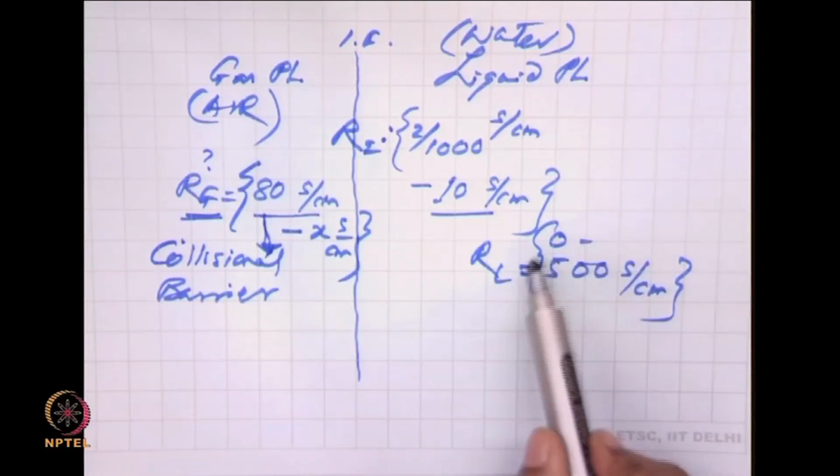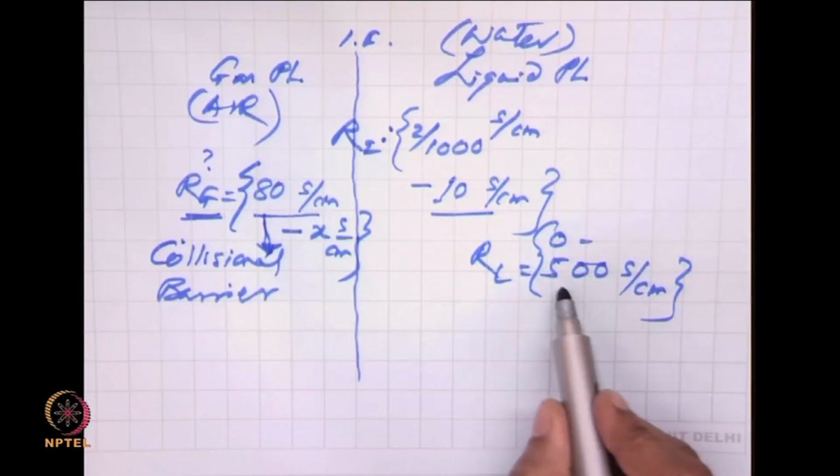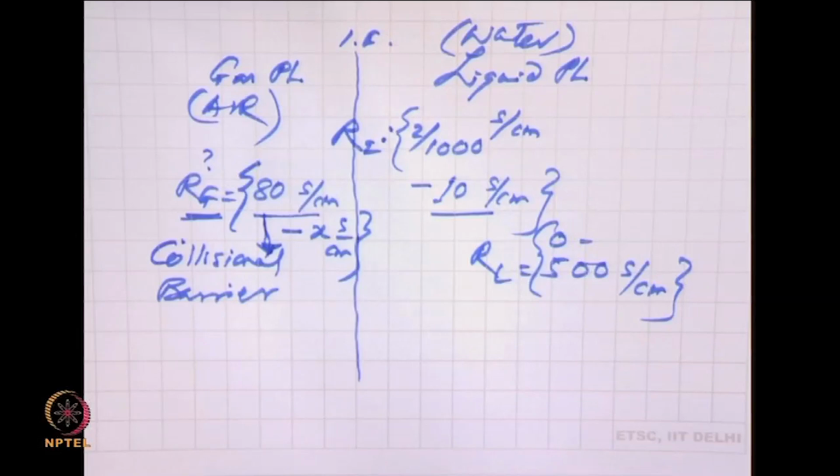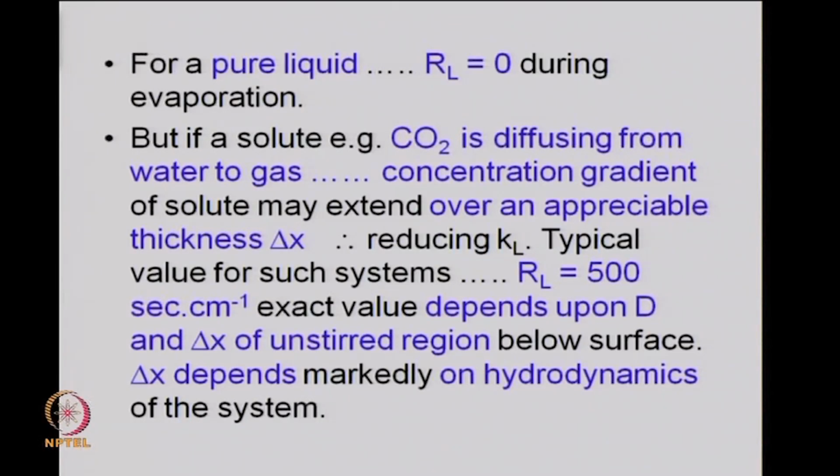Evaporation has 0, for transfer of a solute like CO2, it could be as high as 500 seconds per centimeter. So, this gives you a comparative feel for the resistances involved while we talk about mass transfer across interfaces.